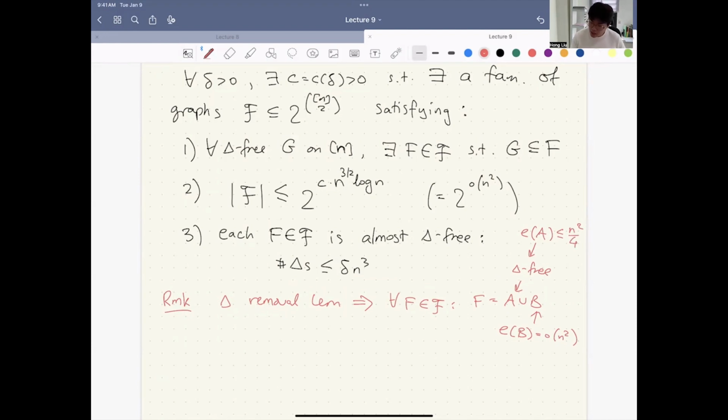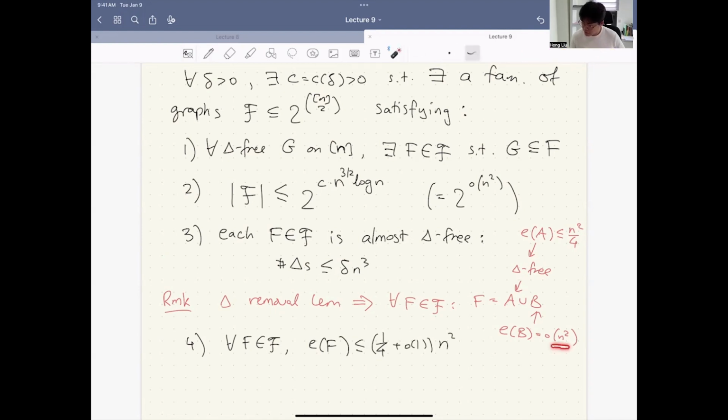So we actually have a fourth property saying that for each F in script F, the number of edges is at most one quarter plus little o of 1, times n squared. You have a negligible set plus n squared over 4.